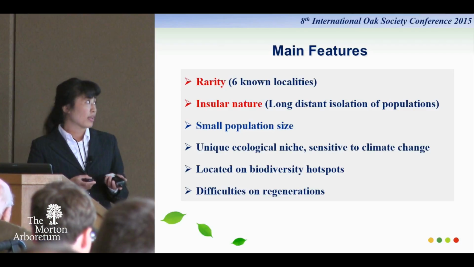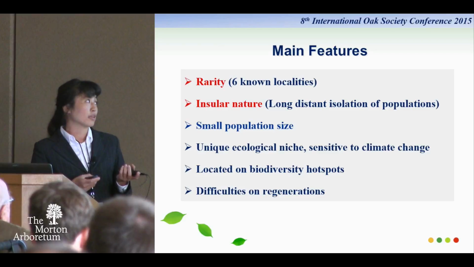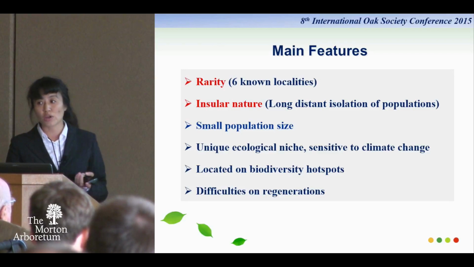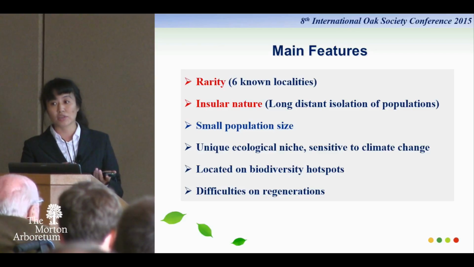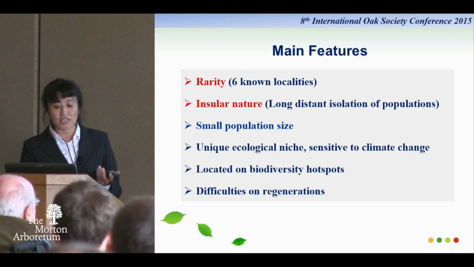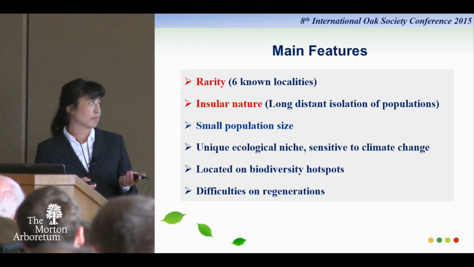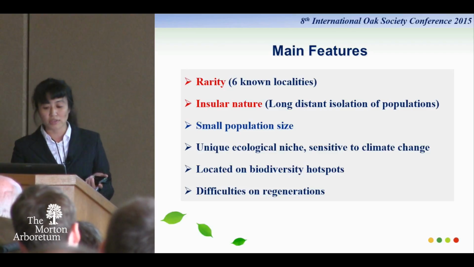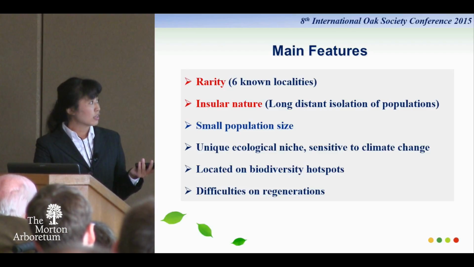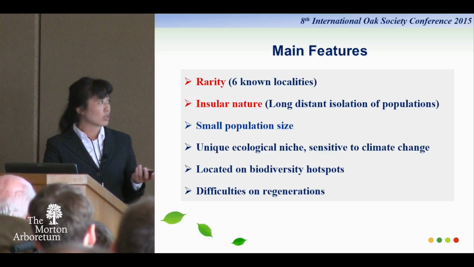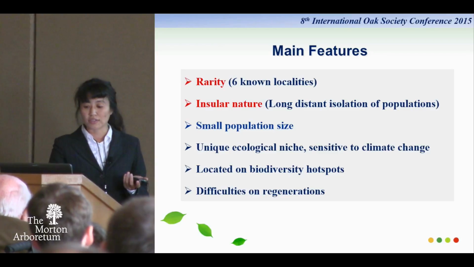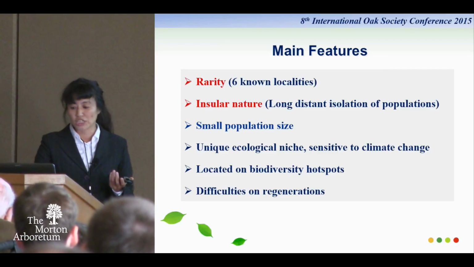And the habitats are also very unique, because it's always located on top of mountains, in very humid, foggy, cool and windy areas. But it's also located in a biodiversity hotspot. And quite a few of the populations already show signs of difficulty in regeneration.